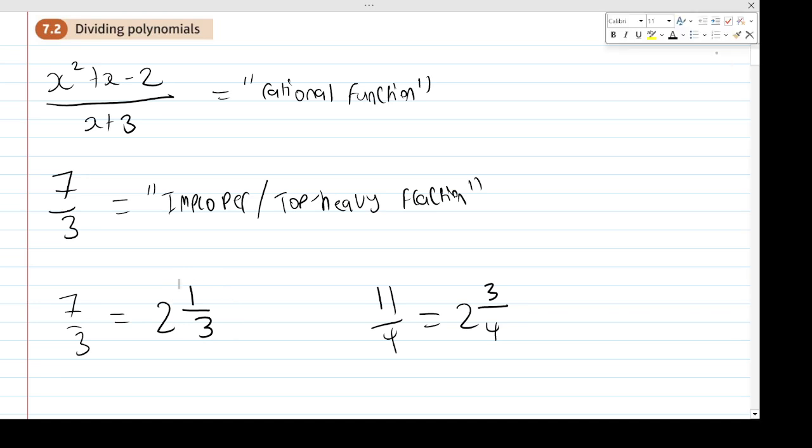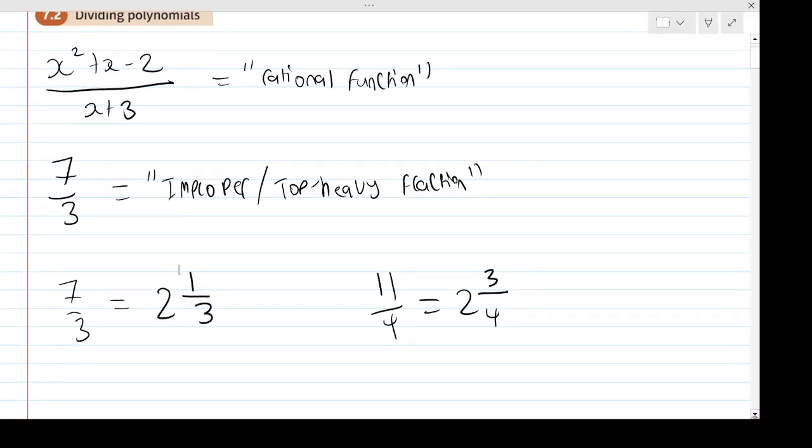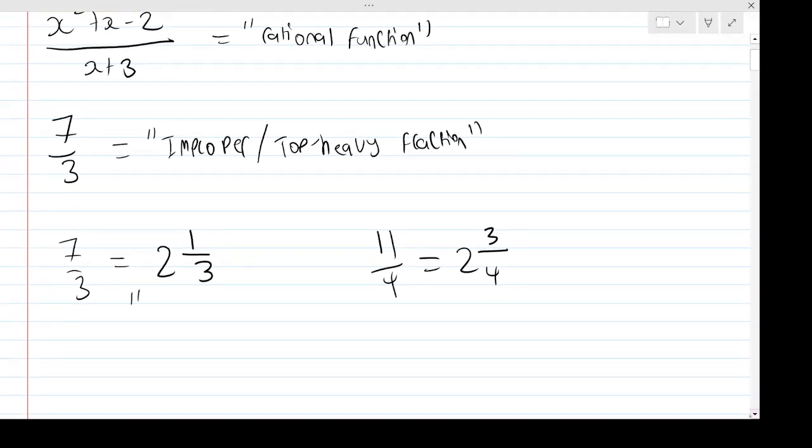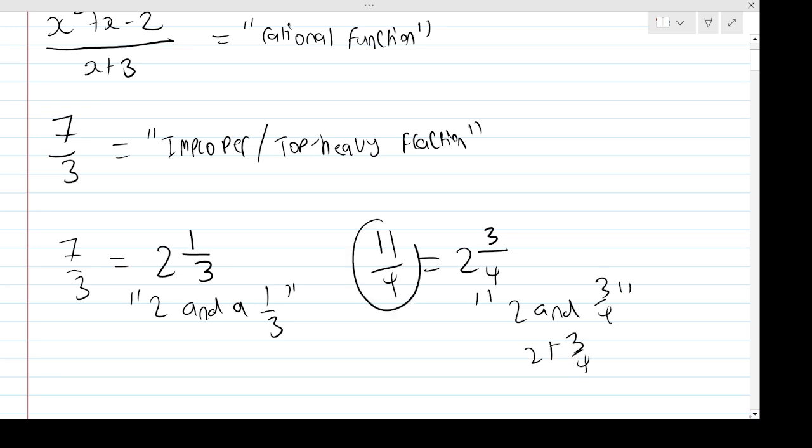So now it's no longer top heavy. And this reads as 2 and a third, and in this example, 2 and 3/4. So you can think of that as literally 2 plus 3 over 4, and that'd be the same fraction as 11 over 4, okay?